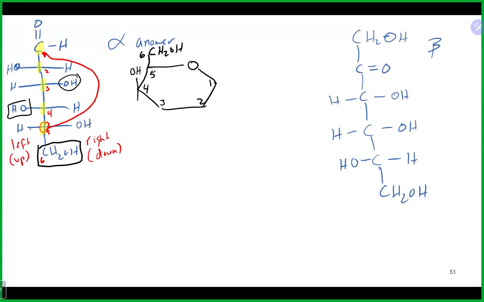And on the right-hand side, when you drop it, it's going to end up down. So we are going to put our OH pointing down. Carbon number 2, OH group is on the left. So when we drop it, it's going to end up up. So we're going to end up with this. And lastly, here we are drawing the alpha, which means the last OH group should go down. Any questions on that?